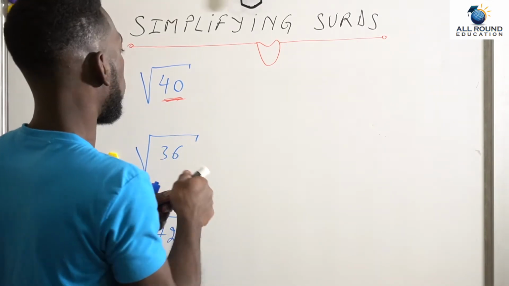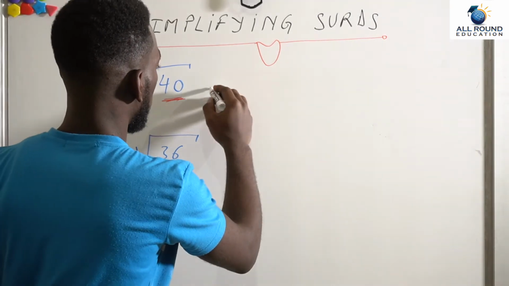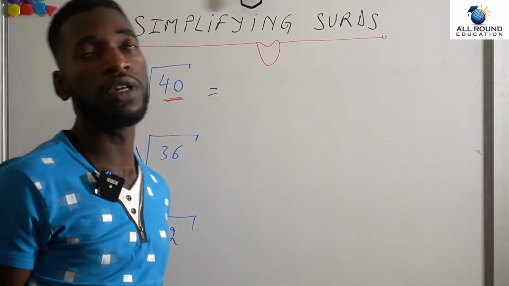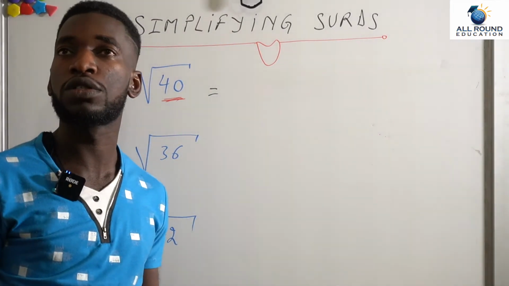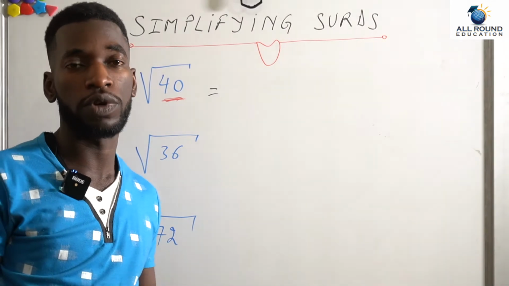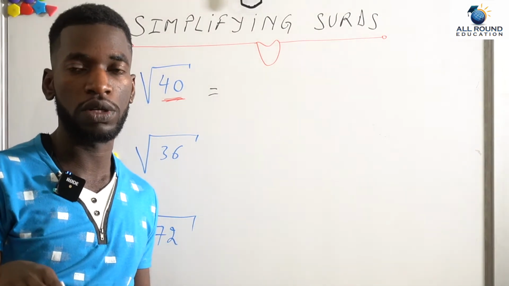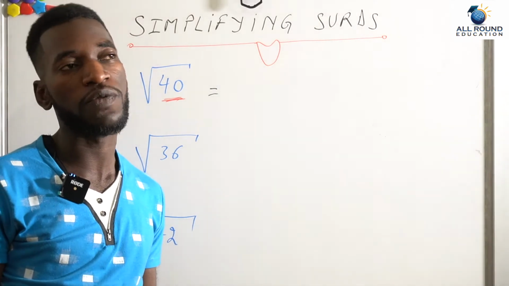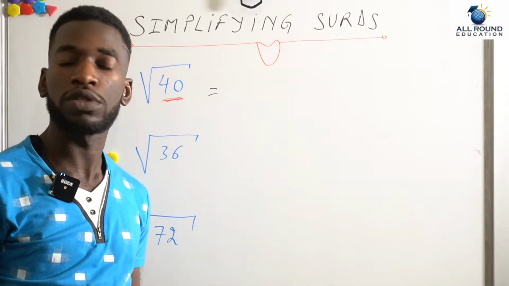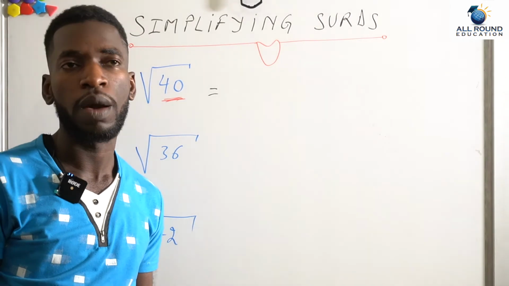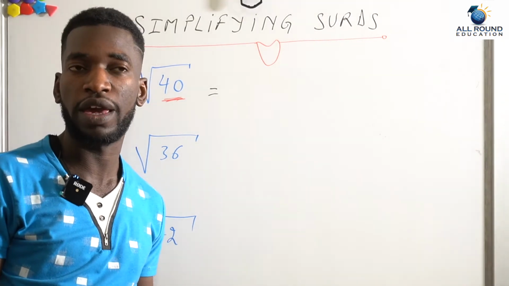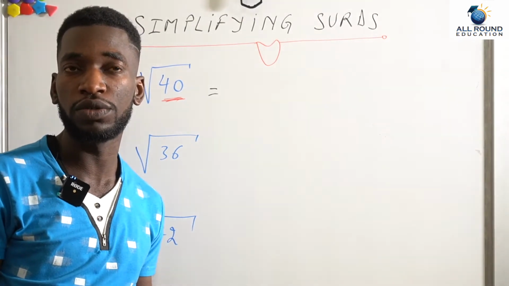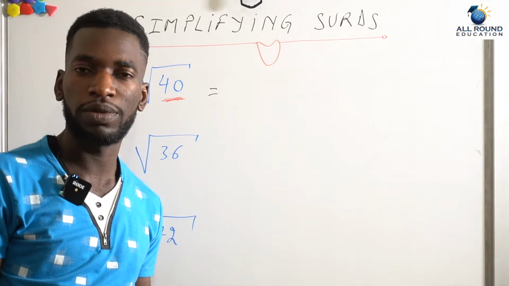If you look at 40, you start thinking, okay, in 40 we can have 1 squared, which is just 1, times 40, so we're not changing anything. But then 2 squared is 4. What can we times by 4 to get 40? We can times by 10. That's correct. But can we get any bigger number than 2? 3 squared is 9.